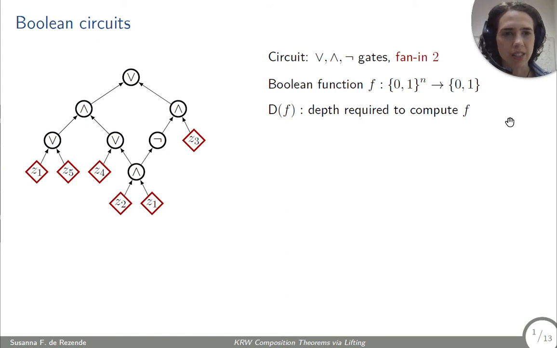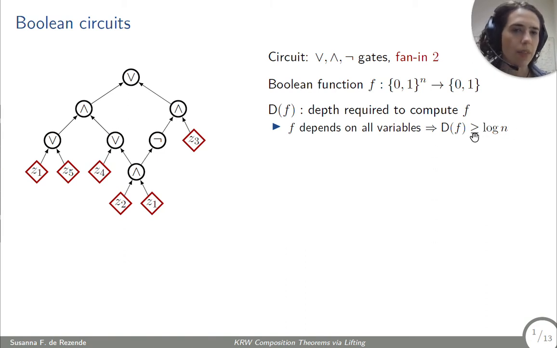It's not hard to see that if we have a function f that depends on all n variables, it requires depth at least log n. And this is because we're only considering circuits of fan-in 2. Okay, so what are these functions that can actually be computed in very small depth, in depth O of log n? Right?